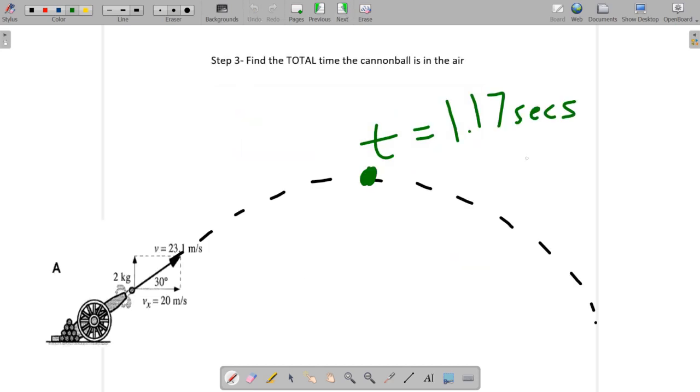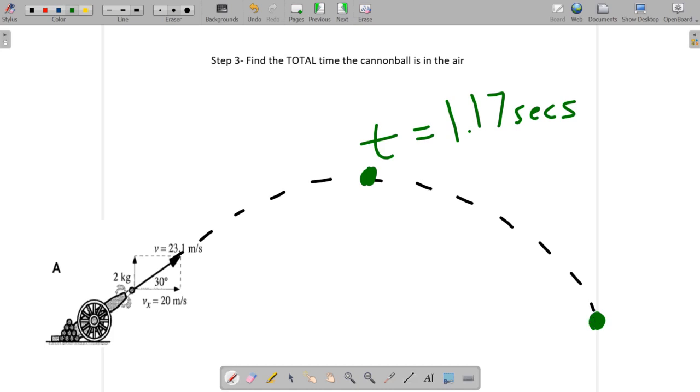Now, let's move on to step 3. Step 3 says, find the total time the ball is in the air. Well, that's easy. If we want to know what this time is right here, just look at the picture here and think logically. The time it takes for the ball to reach the top of its path here is half the time that it takes for the ball to travel the entire distance in its trajectory. So that means in order to find this time here, all we need to do is take 1.17 seconds and multiply that by 2.